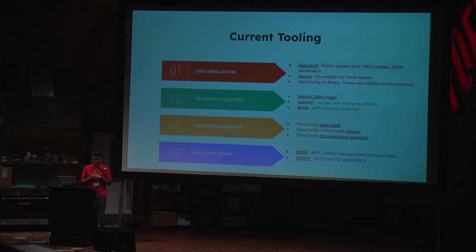In this, the Telegraf gNMI plugin is fairly stable and works across multiple platforms and vendors very nicely. The third is, if you want to author your own YANG models for whatever reason, you can follow their style guide and checker. And the last one is network management systems. These provide client and server libraries to test gNMI data or play around with gRPCs.